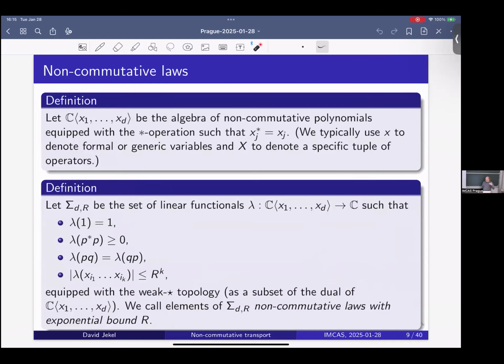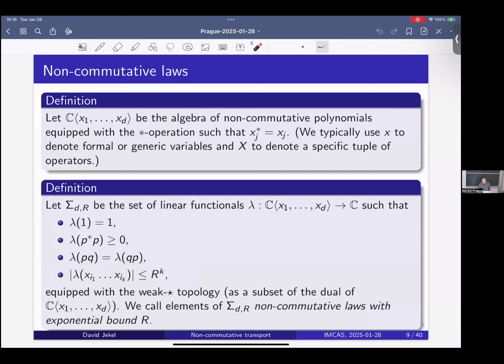They're unital and tracial and positive, but I won't assume that it's faithful. And then we also have this other condition, which is some kind of bound, that if you apply it to some monomial, then it's at most something to the power of that degree. And the reason that we have that condition is because it will guarantee that this actually corresponds to some bounded operators.